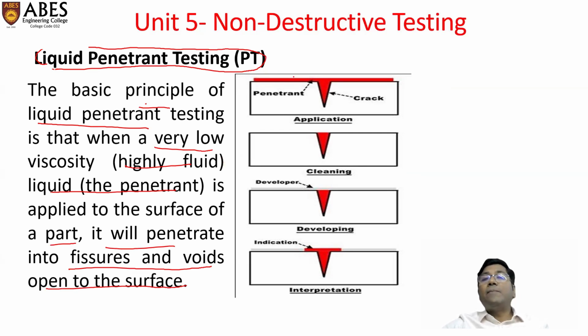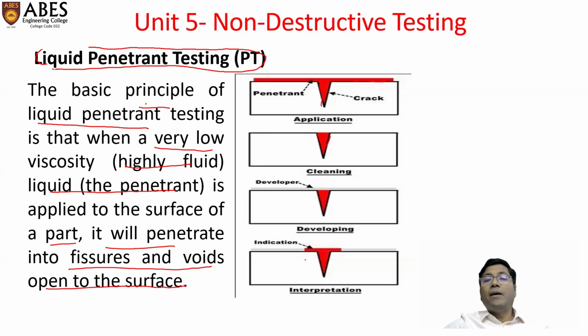So we can see from these images the application of the penetrant. This red color penetrant is applied on the surface, and if any crack is there, it gets filled in the gap, and from the surface it's wiped out or cleaned. The cleaning is done. Then a developer of contrast color is applied.